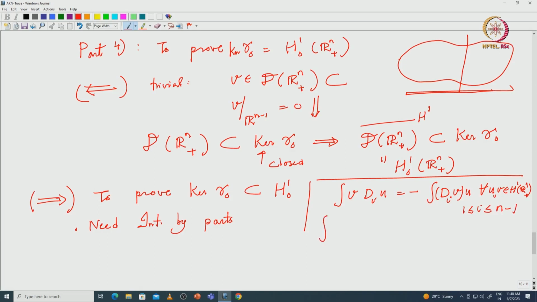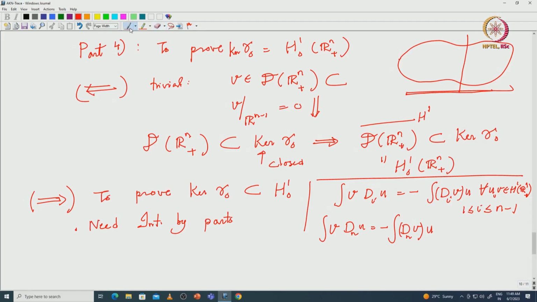And for the nth part, you will have the integral of v d_n u equal to minus the integral of d_n v u, minus the integral of gamma naught of u times gamma naught of v, over R^(n-1). That minus is coming because nu is minus.